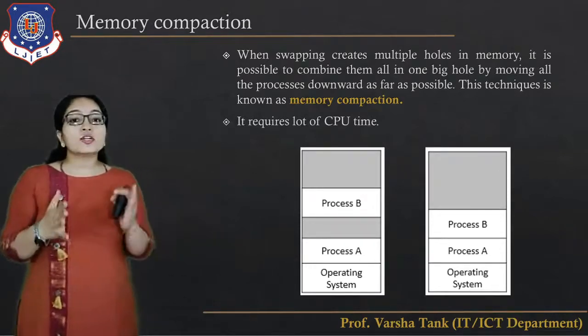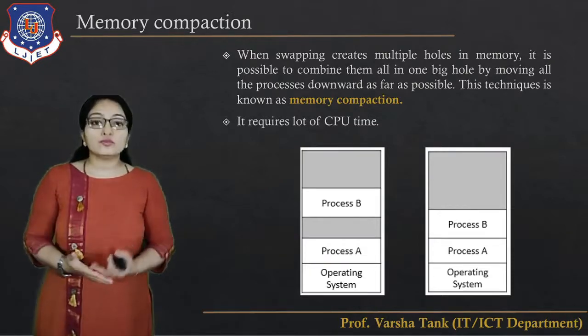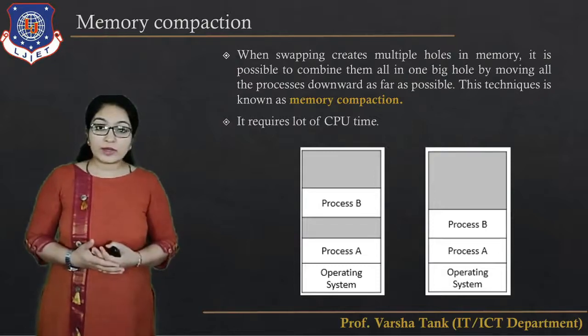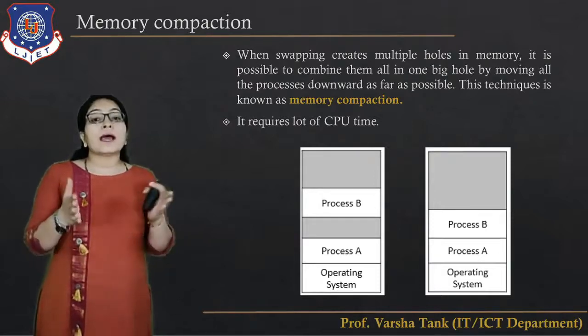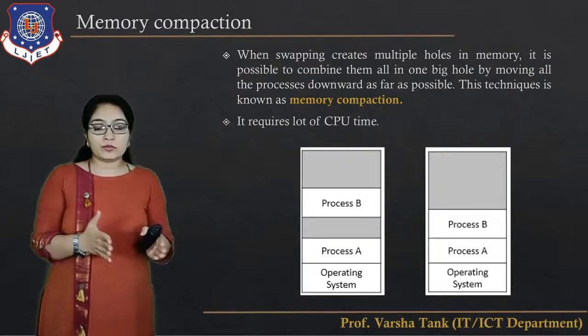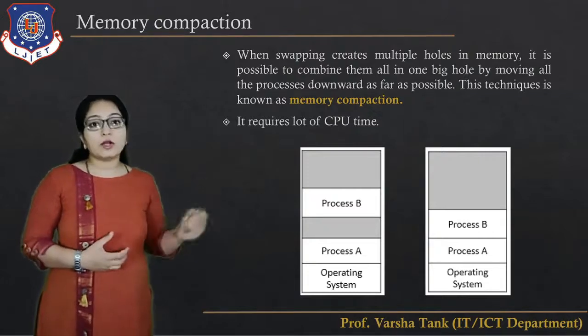It requires a lot of CPU time. Why? Because every time the CPU has to find out where the memory is free, it has to link all this free memory, and it has to link all the active processes. So the workload of the CPU will be more in memory compaction.